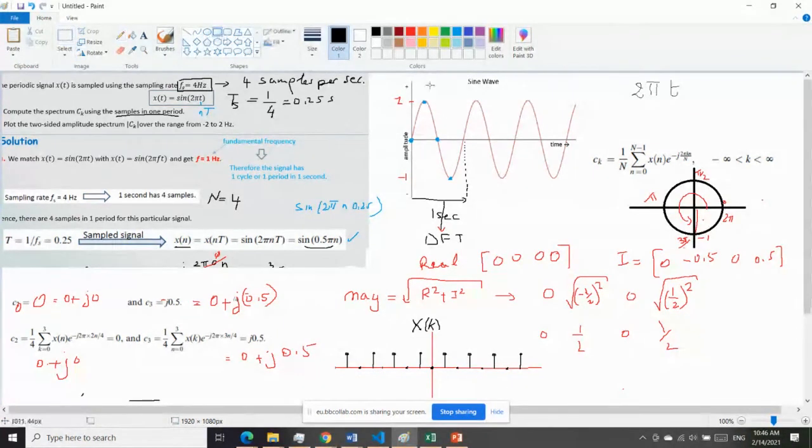This is the original one, the original 4 samples. But usually what we do is we don't want to take those ones. We want to shift the window and take those symmetric ones.